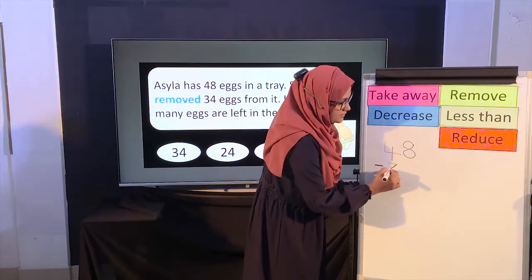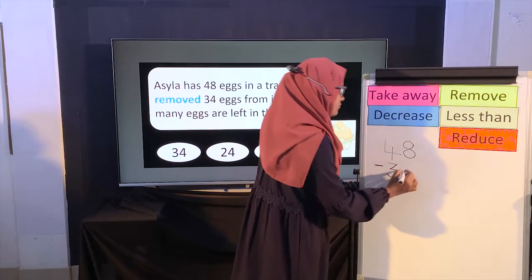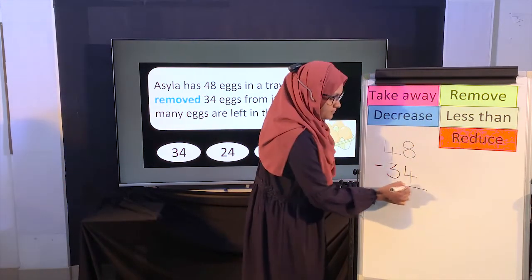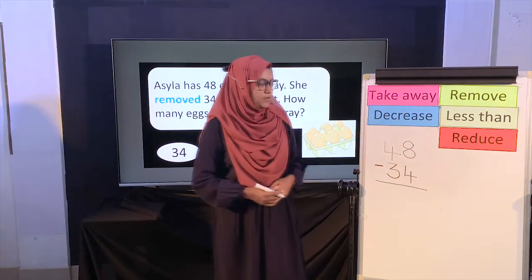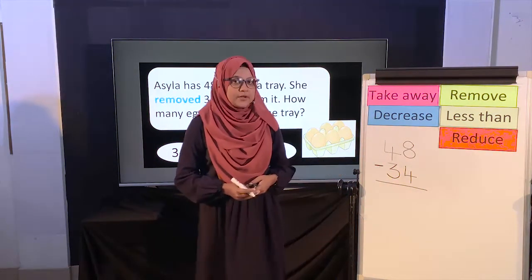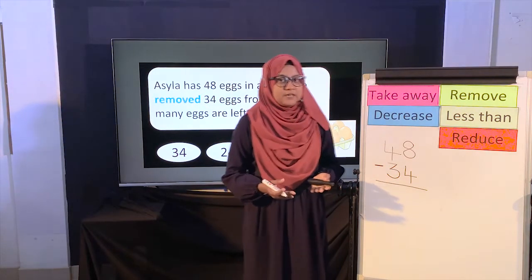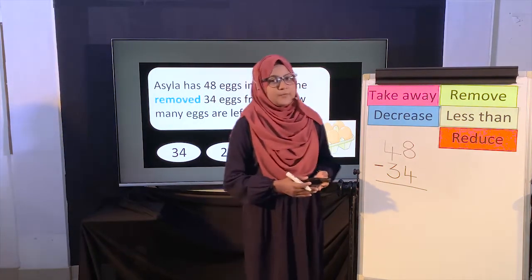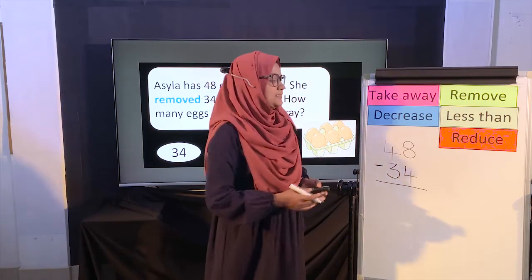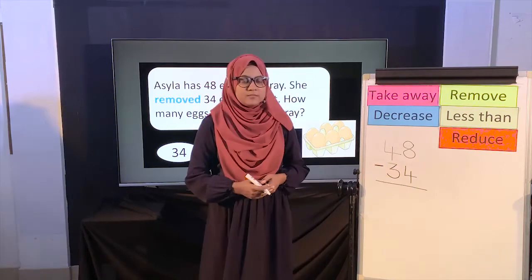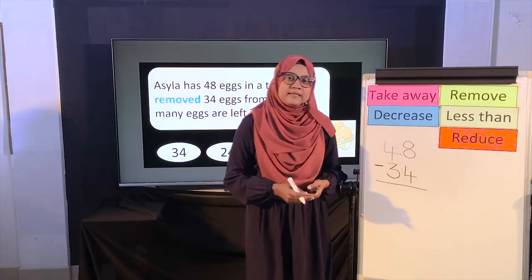Then we write 34. Now here we have the question. Like in the previous question, first we will subtract the units. Here we have 8 minus 4. What do you think the answer is?